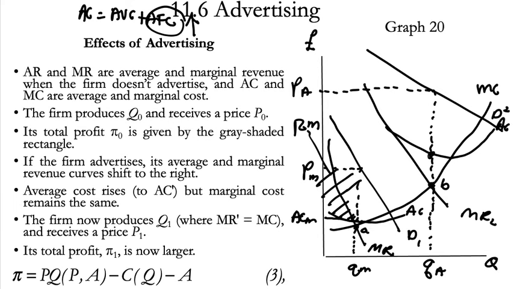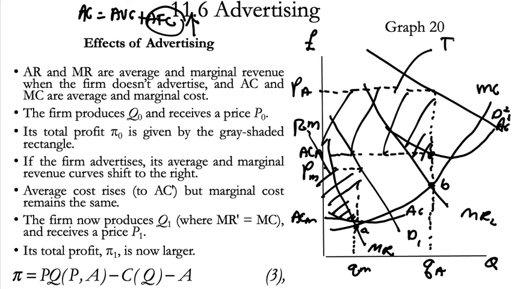You look at the new AC curve, AC prime, when produced at QA. So this is ACA. You can see the total profit after advertisement is larger than the total profit before advertisement. I call this new rectangle profit A.